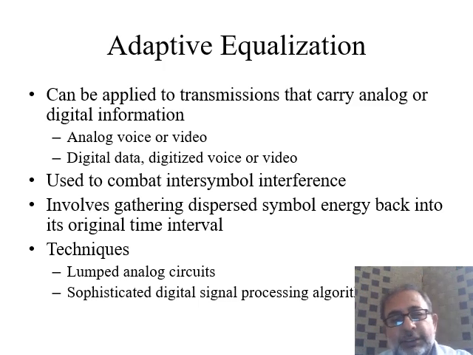Then we've got an adaptive equalization method. It can be applied to transmissions that carry analog or digital information, and it can be used to combat inter-symbol interference also, and it involves gathering dispersed symbol energy back into its original time interval.